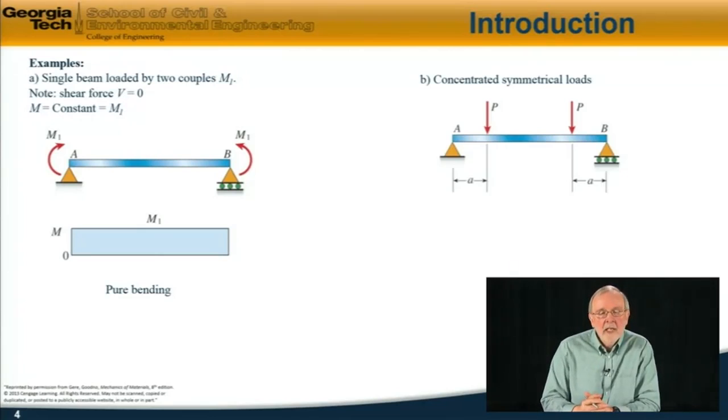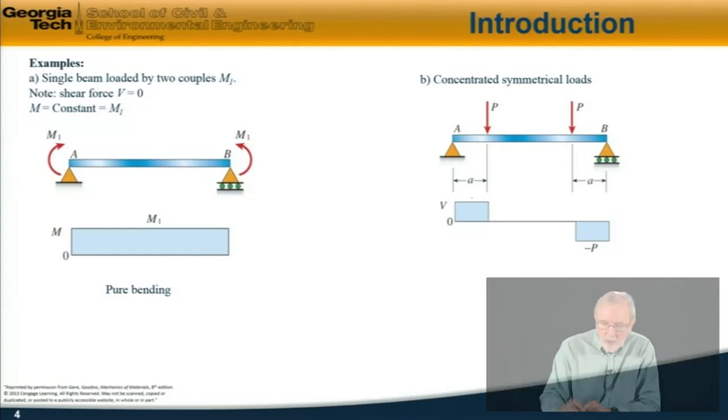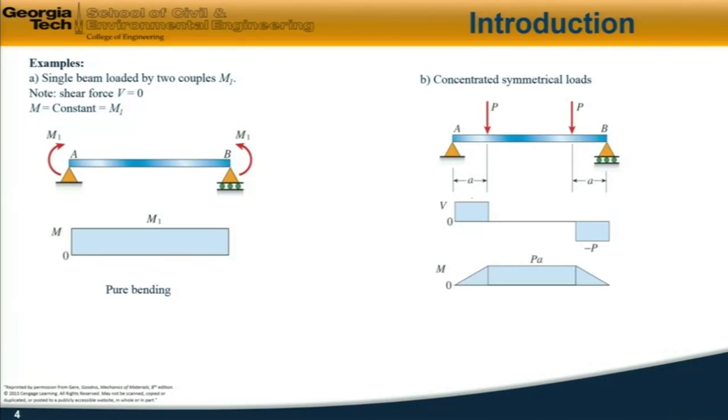On the other hand, let's suppose I have a situation like this, where I have two concentrated symmetrical loads of magnitude P, and in this case the shear force diagram looks like that. We have zero shear in the center of the beam and shear of magnitude plus or minus P at each end, and the bending moment diagram looks like this.